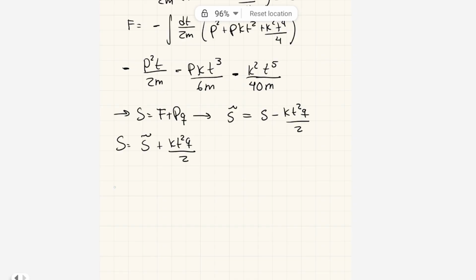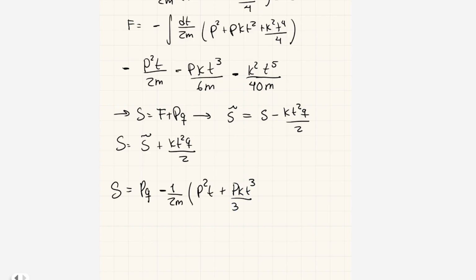So this takes us to have S equals PQ, and then minus 1 divided by 2m times (P squared t plus Pk t to the third power divided by 3, and then plus k squared t to the fifth power multiplied by 1 over 20), like this.